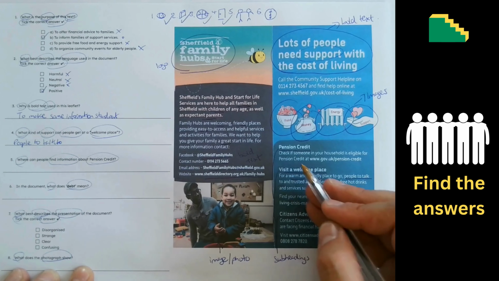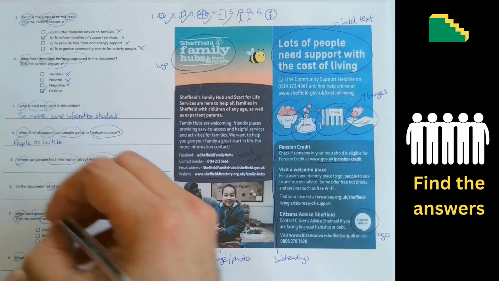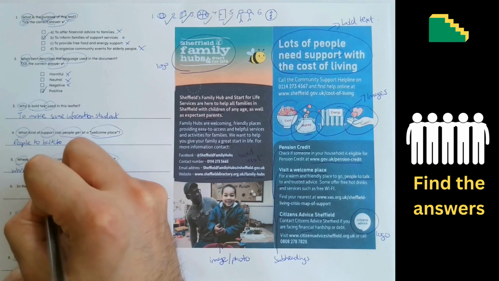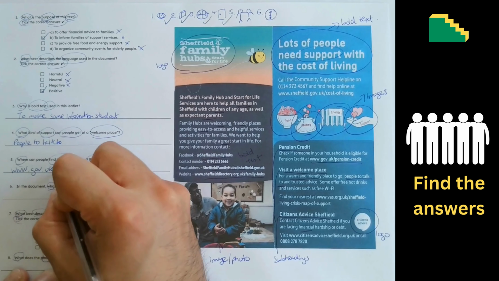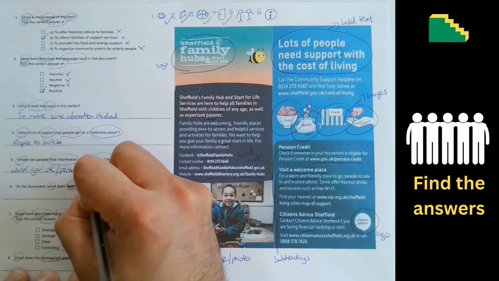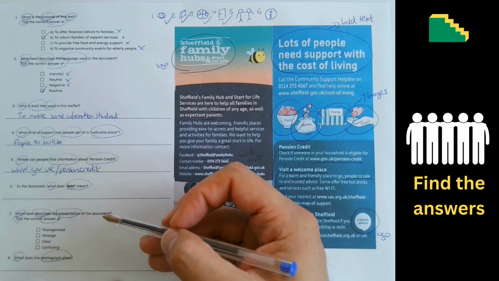Again, it's there. We've underlined that before. Here is the website. We're going to write that down. We've underlined that. www.gov.uk/pension credit. There could be some mistakes, but I'm going to check at the end.